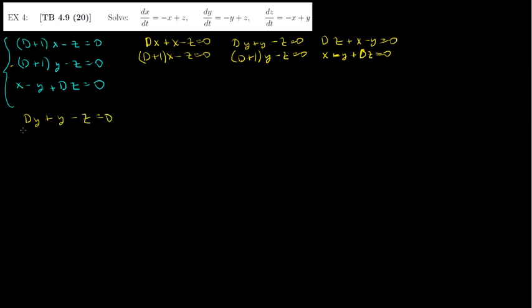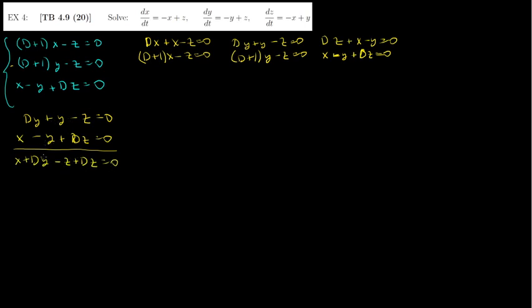And then the third equation is x minus y plus Dz equals 0. By adding these two equations, you're going to eliminate y here. You get x plus Dy minus z plus Dz equals 0.